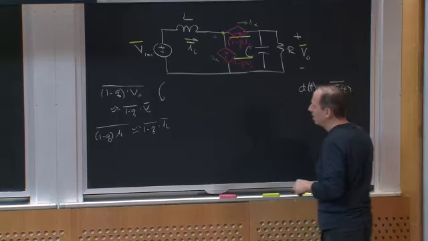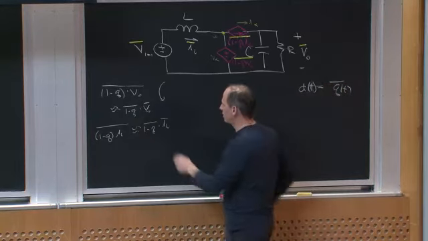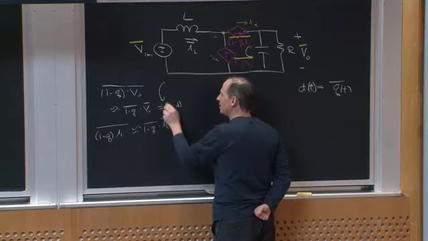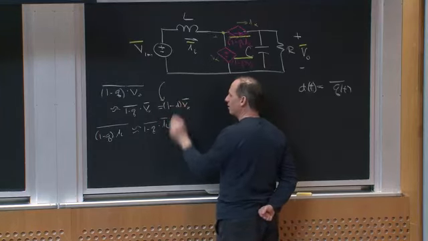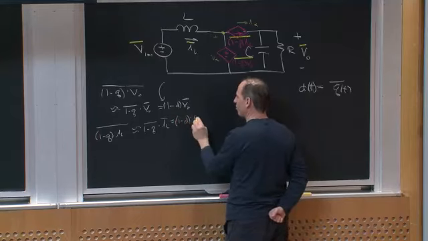So then I could replace this. I could say 1 minus Q is equal to 1 minus D times V out bar, and this is equal to 1 minus D times IL bar.